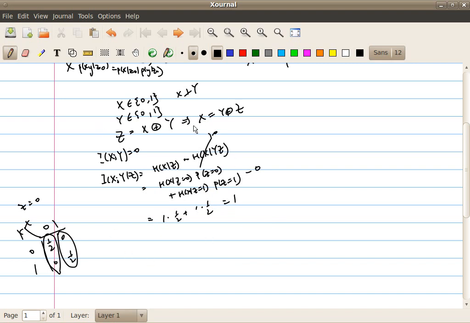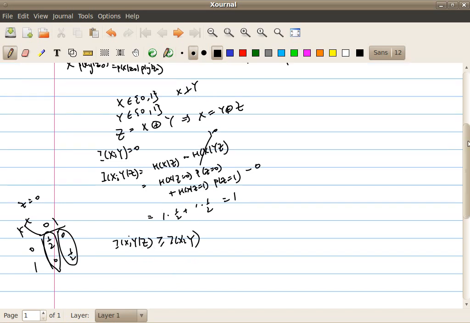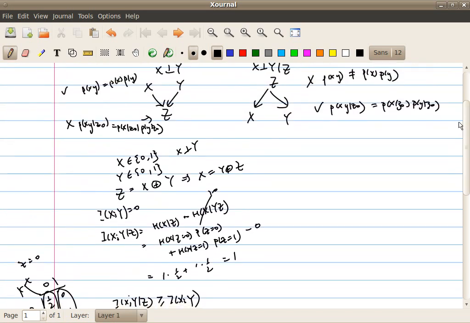So now in this case, I(X;Y | Z) is bigger than or equal to I(X;Y), because X and Y are independent, but X and Y are not conditionally independent given Z. So let's try to give one example for the other case here.